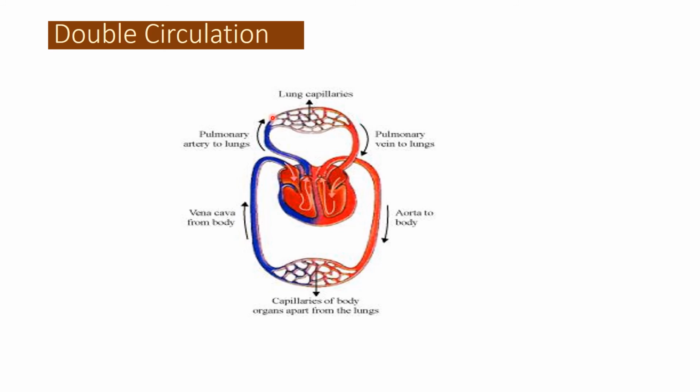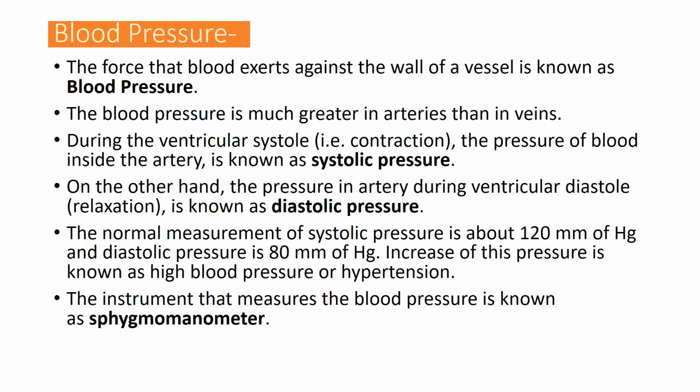So that is why it is known as double circulation, because it goes through the heart twice during each cycle. So I hope you all have got this double circulation properly.